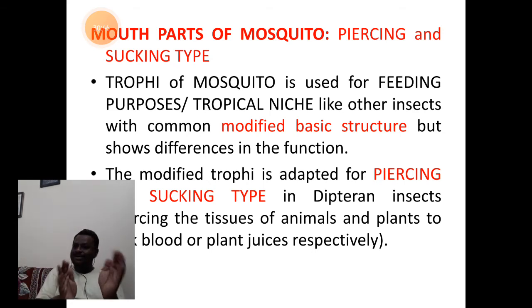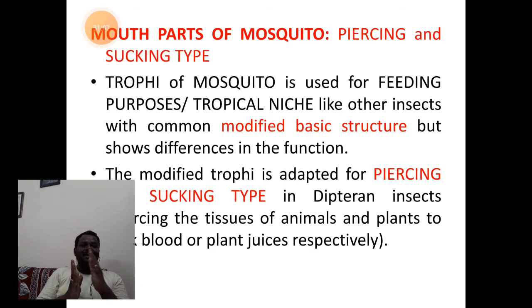If you have understood very well the mouth parts of the cockroach, as we get into different species of insects, there is slight modification in the 6 parts. So we are going to understand each of them one by one.